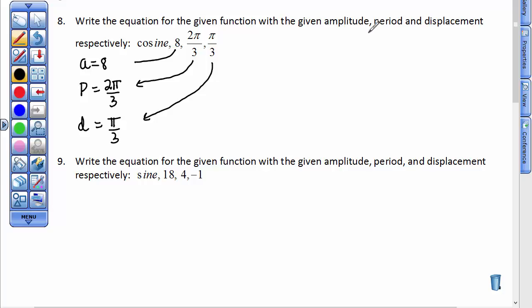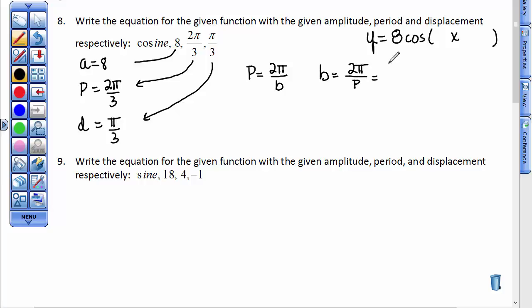And I want you to write the equation y equals 8 times the cosine of something in front of the variable x and then some constant over here. So the 8 was the amplitude. I could fill it in right away. Remember, algebraically, we have previously discovered that the period is 2 pi divided by b. We did the algebra and moved the b value over here and the p value down there, and we said the b value is found by taking 2 pi divided by the period.